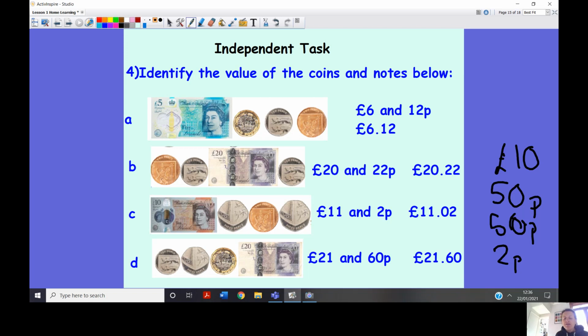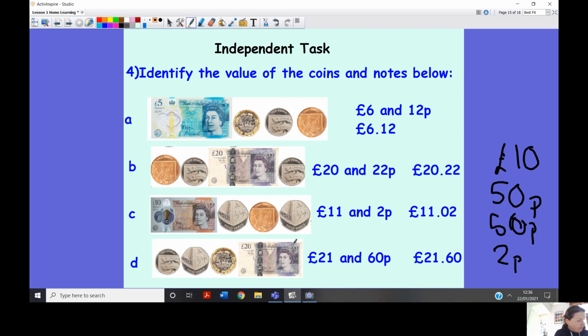We write £11, not £10. So remember, your coins, even if they're not a pound coin, could still easily add up to £1. So you must always make sure that you're thinking of that. Once the value of your coins goes over £1, it's going to be £1 and a number of pence.